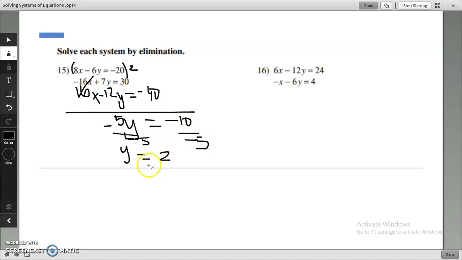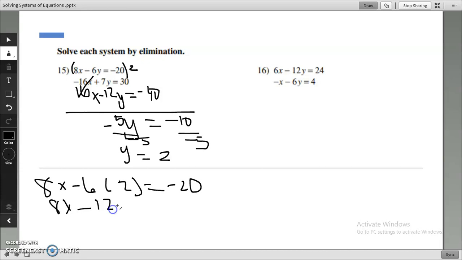Now I can take this 2, because I have to find my x value also, and plug it into either one of these equations to find out what my x value is equal to. I'm going to plug it into the first one. So it's going to be 8x minus 6 times 2 equals negative 20, and that gives me 8x minus 12 equals negative 20.